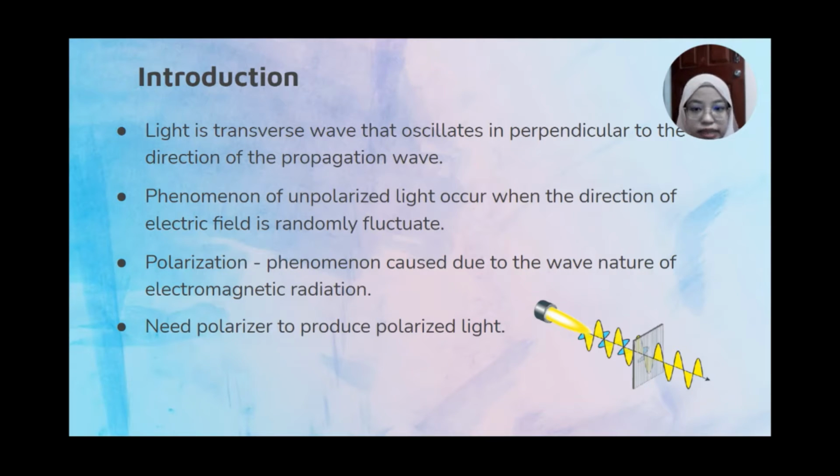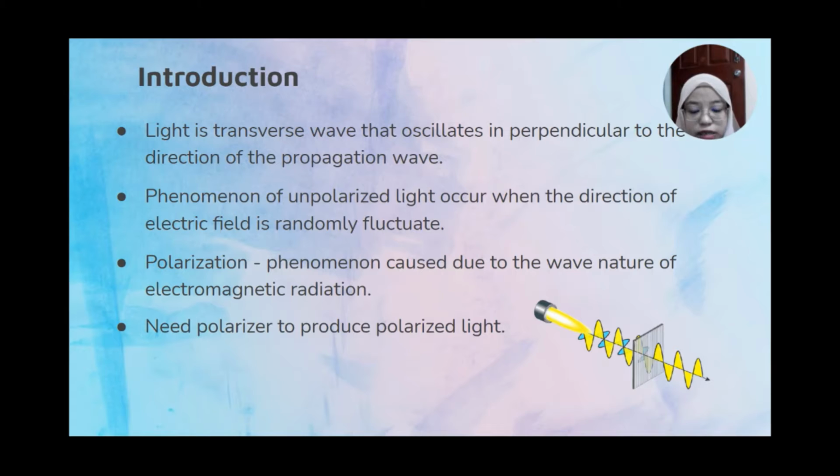Light is an electromagnetic wave, as the electric field of this wave oscillates perpendicular to the direction of wave propagation. The phenomenon of unpolarized light occurs when the direction of the electric field fluctuates randomly. There are many common sources of unpolarized light, such as sunlight, LED, spotlight, and incandescent bulb.